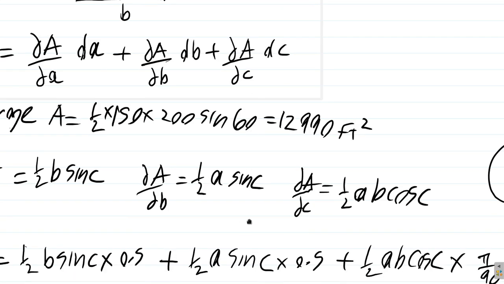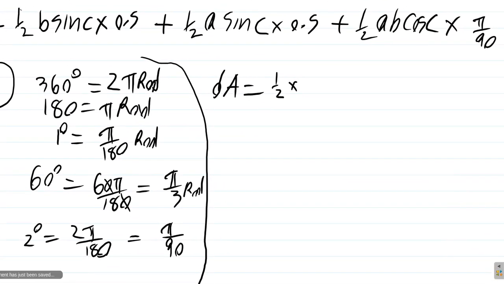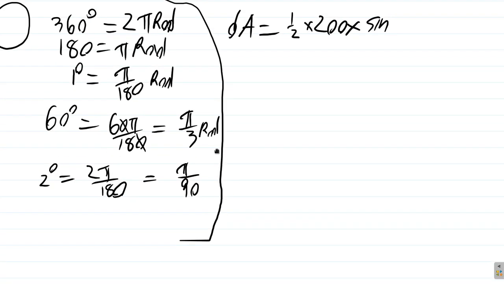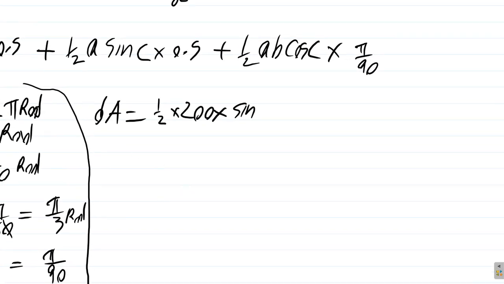B was 200. Half times 200 times, no, this is sine of C, the angle C is pi divided by 3.